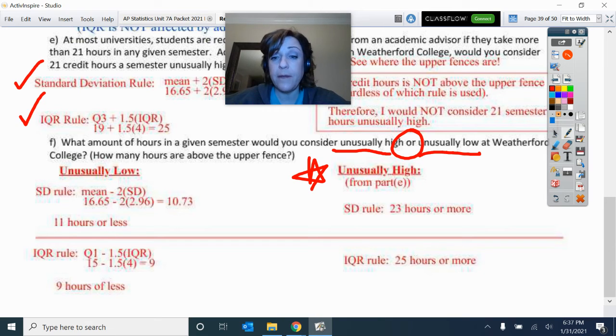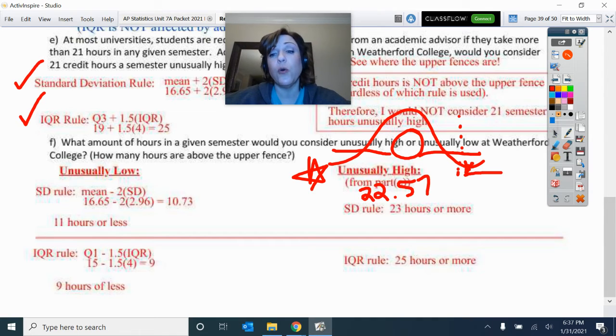From part E, the standard deviation rule, remember the fence was at 22.57. So if 22.57 is the fence, then you can't take 22.57 hours. You would take 23 hours or more to be an outlier. And then for the IQR rule, it was right on 25, so 25 hours or more.